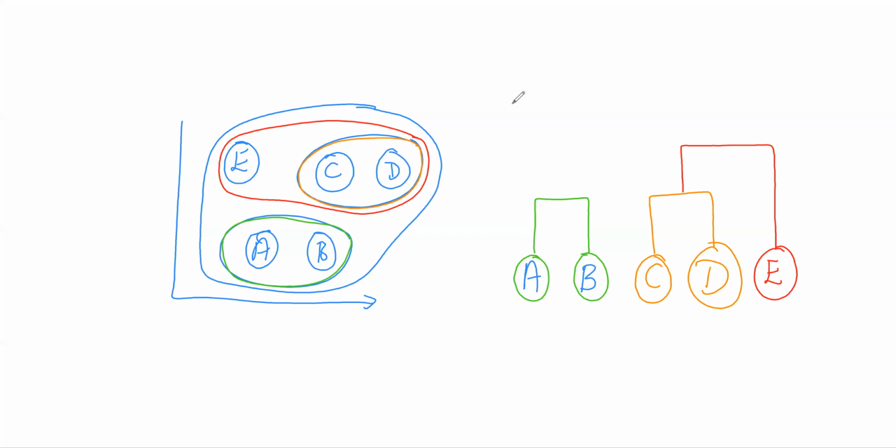And since everything is within one particular cluster, I can write this completely in the form of this. You can see A and B, C and D, after that E, all of these things will form one cluster.